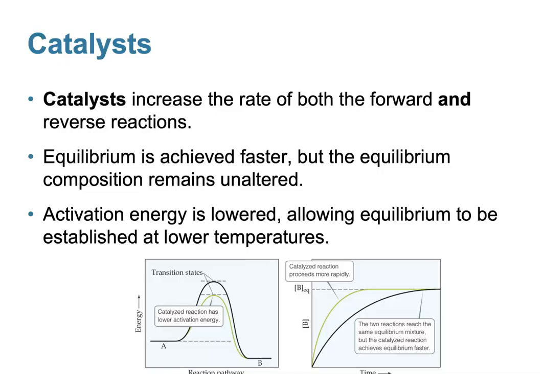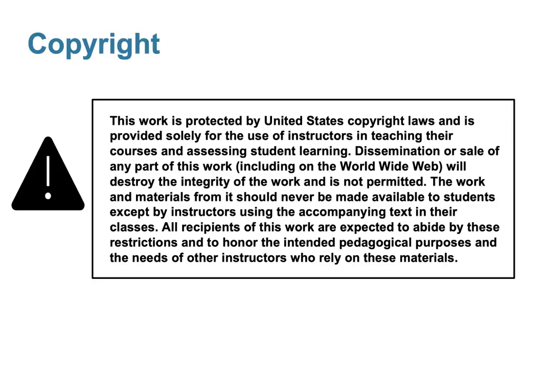So the activation energy is lowered, allowing the equilibrium to be established at a lower temperature. So the catalyst lowers the activation energy by creating an alternate route. It does not affect the concentration, or the amount of products and reactants that are involved in the reaction. All it does is lower the activation energy.